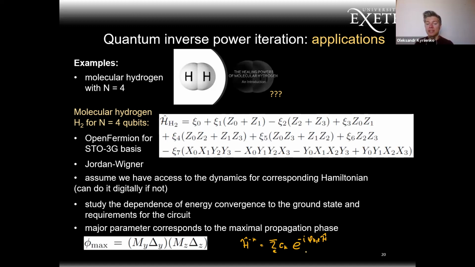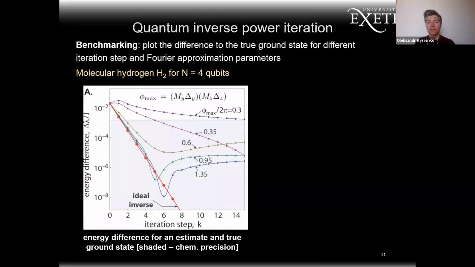So I want to find how small the total phase can be until which you propagate. And that will be my effective gate count. So here is the result for 4 qubits. Ideally, if you have the full inverse Hamiltonian, so you can just calculate it classically and apply it to the state, you will see exponential convergence. So with each new iteration, which is not an optimization step, but just each new power of the inverse Hamiltonian, you come closer to the ground state, and you just need few to converge to some chemical precision.